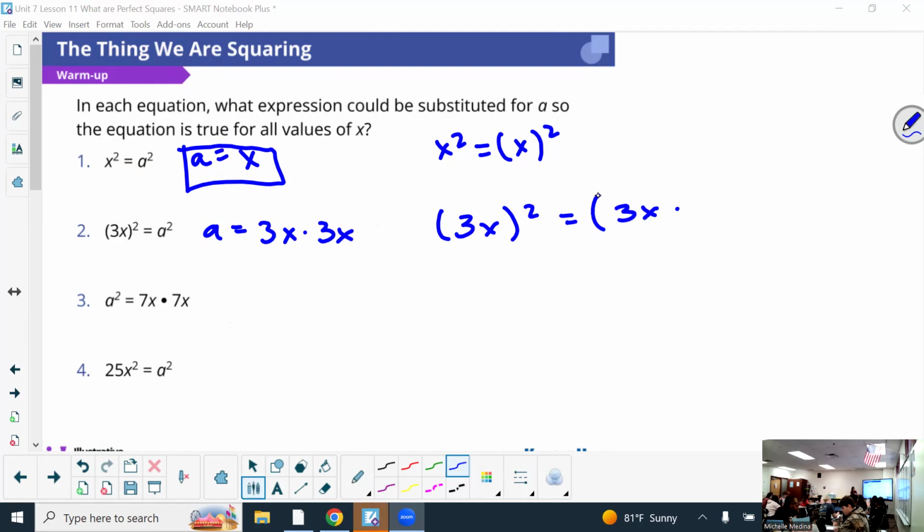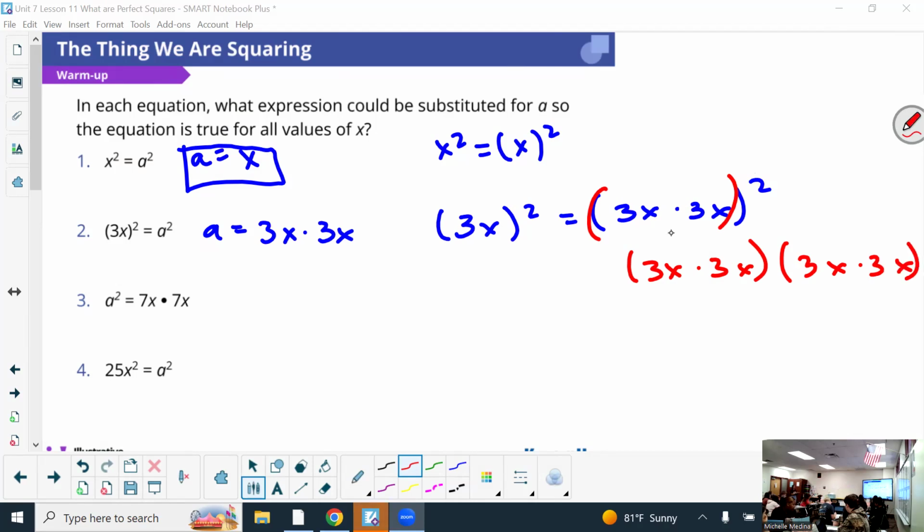If I plug in what table 4 said, is that the same thing? Do they mean the same thing? No, because technically, if it's set up like this where the exponent is outside the parentheses, I would have to then do 3x times 3x times 3x times 3x. That's what this squared would be.